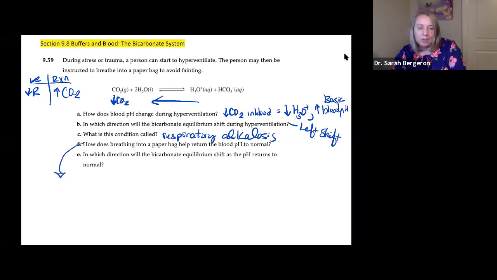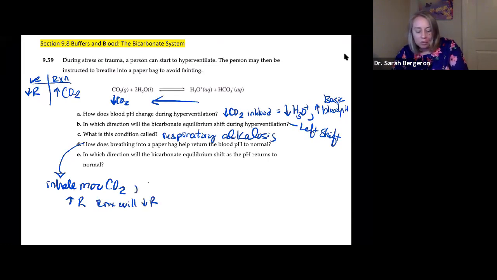Okay. Now, D, how does breathing into a paper bag help return blood pH to normal? So I'm going to come down here and say this. When we breathe into a bag, we are inhaling more CO2. If you inhale more CO2, that means we are increasing our reactants. Well, what is the reaction going to do? Reaction will want to decrease reactants.